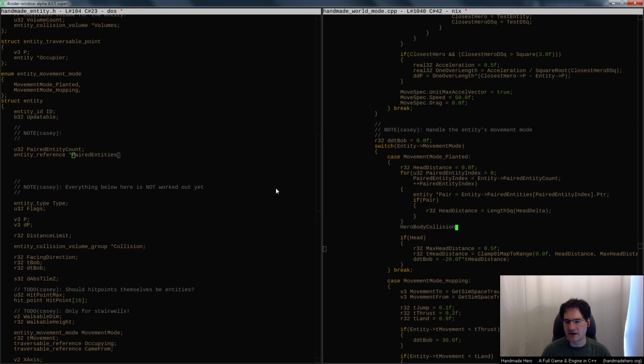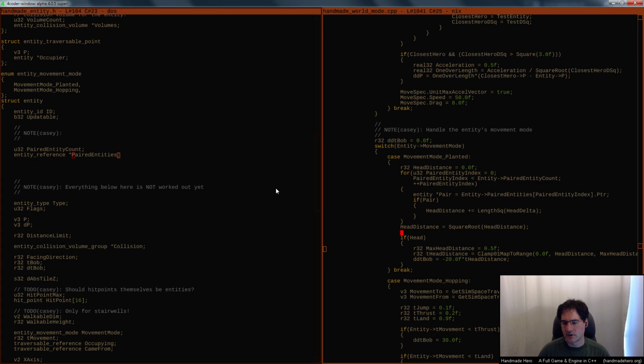And then at the very end, I will square root it. So you can see what I'm doing there. I'm just summing all of those up, so that as we get them, I'm summing the squares. Just like the x squared, y squared, z squared, I'm doing basically the sum of the squares of the lengths. And then I square root those to get a final head distance.